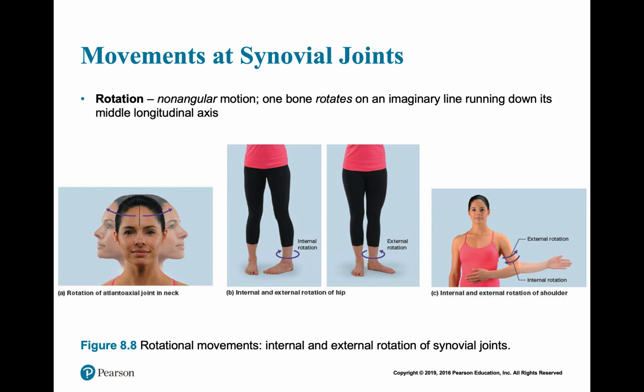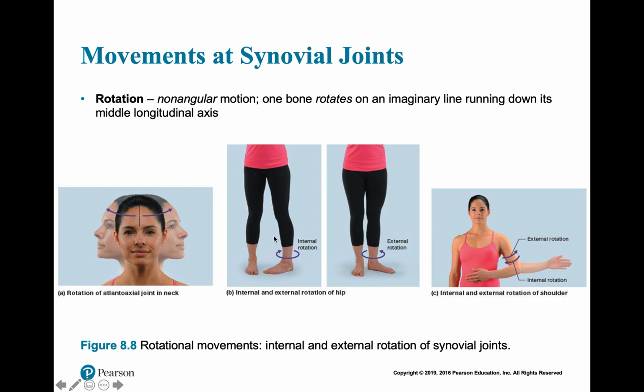Those two bones allow for rotation of the head. So rotation of the head is specifically between these two cervical vertebrae, the atlantoaxial joint, between C1 and C2.